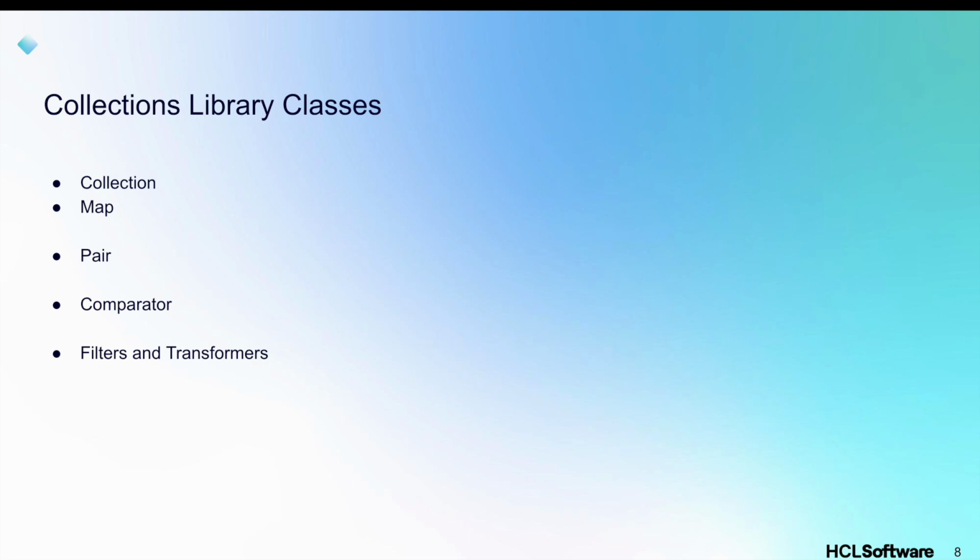Okay, so what's a transformer? A transformer is a class that you use when you transfer elements from one collection into something else. Could be another collection, could be a map, could be some other type of output. You use your transformer class. And then we have the same thing for maps.